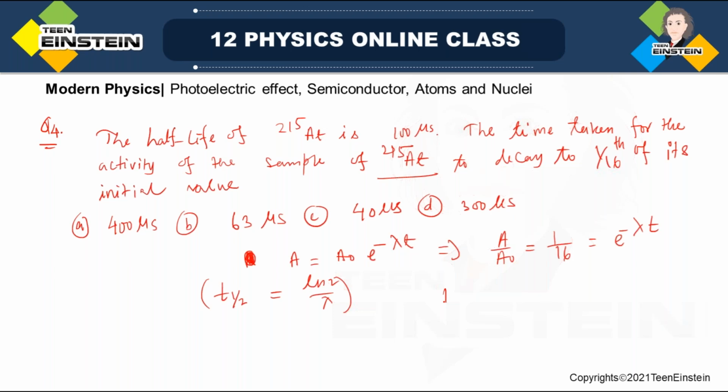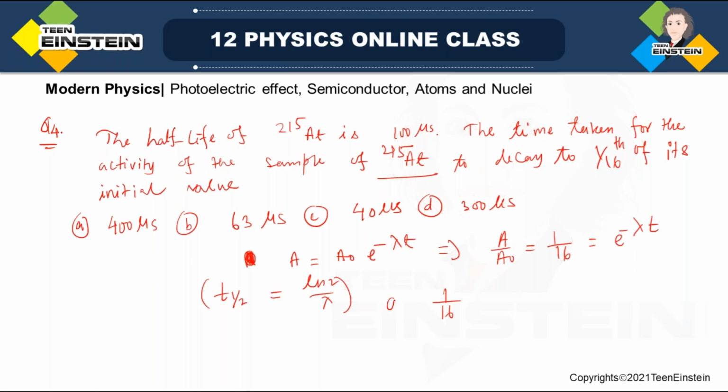So 1/16 is equal to e to the power minus lambda t. In place of lambda I am writing ln2 by t half, so it will be in the numerator itself here.